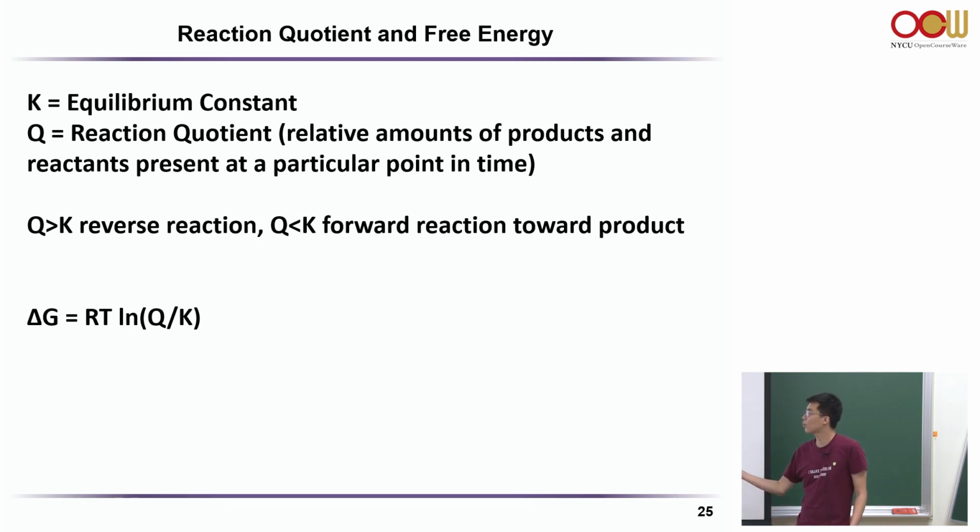So where does this equation come from? If you recall the very initial equation of entropy, S equals k natural log of the number of microstates, right? K is the Boltzmann constant, which is the gas constant divided by Avogadro's number, because in the Boltzmann constant you are concerned about one atom, one molecule.